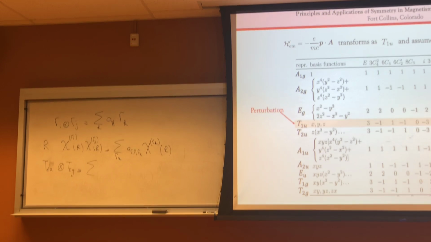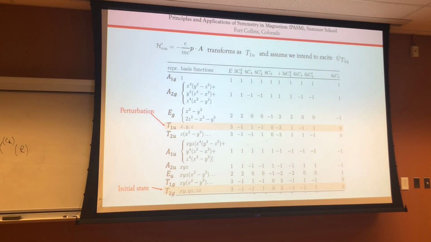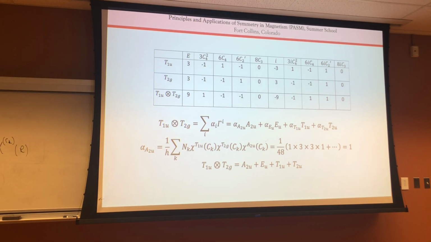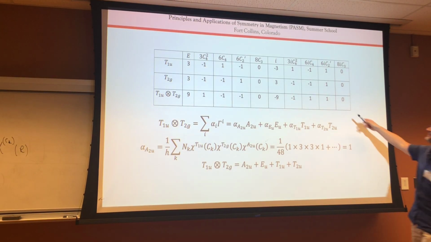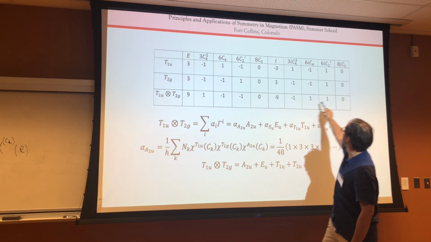Okay, so our perturbation is here, and our initial state is here. The first thing we can do is to write the series of characters for the product of those two representations. I actually did the work here yesterday. So this is the character of T1U, the character of T2G, and the character of the product.